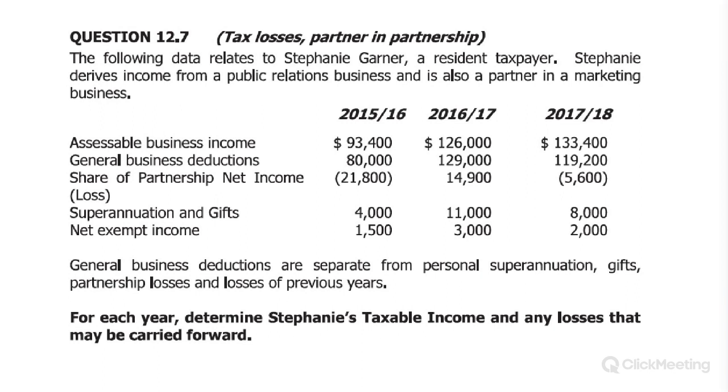General business deductions are separate from personal super contributions, gifts, partnership losses, and losses of previous years. So the first thing is they are separating it from the general business deduction, so they're not taking it into account. Plus, they're considering partnership income.